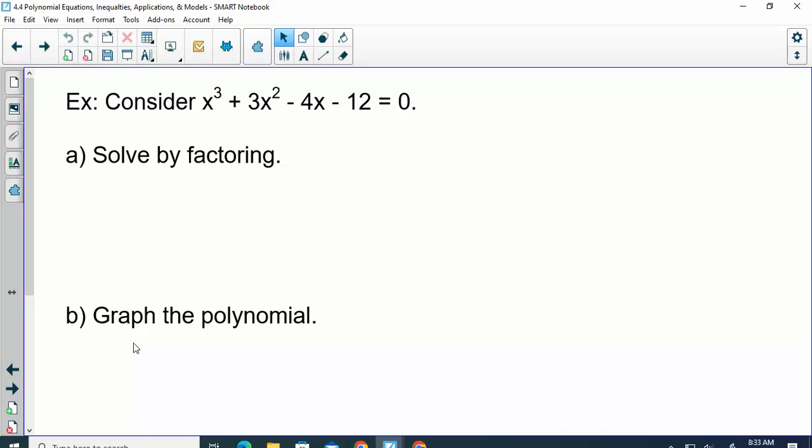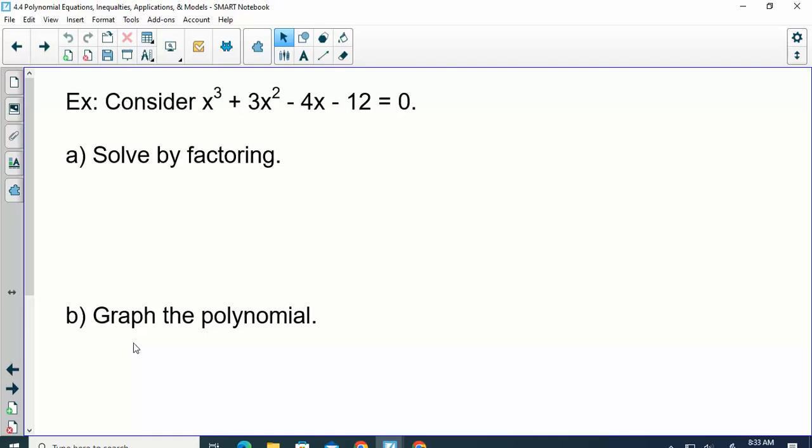What are your thoughts? Yeah, I think grouping would be the most efficient method here.